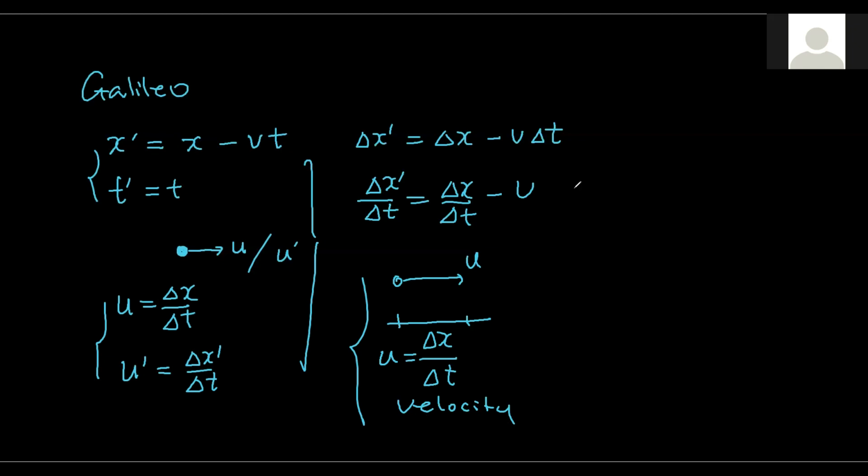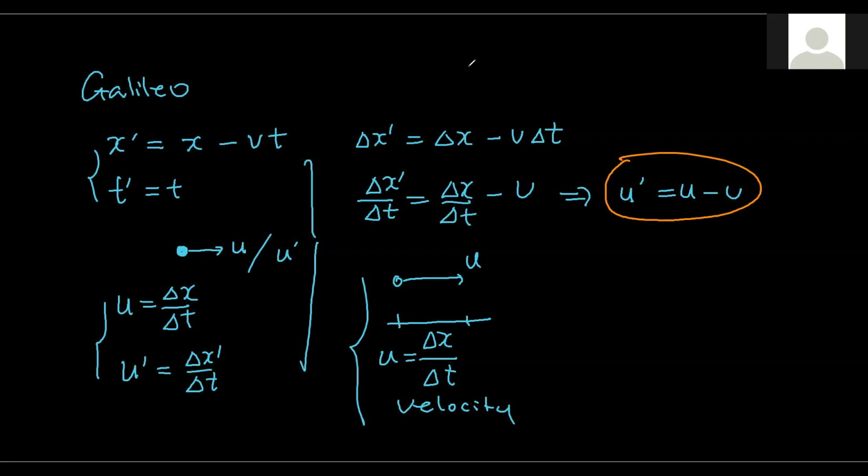Consequently, we can argue that the velocity u prime equals u minus v. That is Galileo's transformation of velocity.